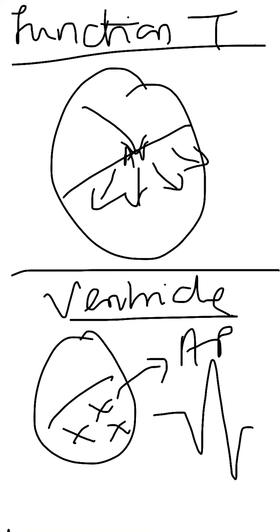So I want you to read up on infarction and how this can lead to ventricular tachycardia or arrhythmias. Also read up on torsades de pointes, and also see how that affects the ventricle.